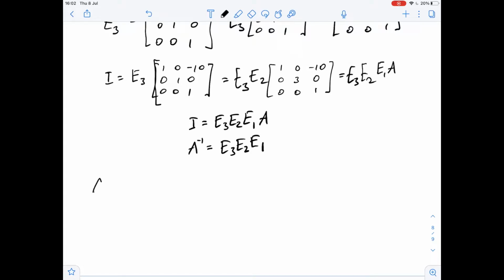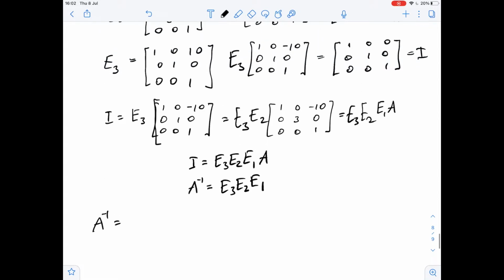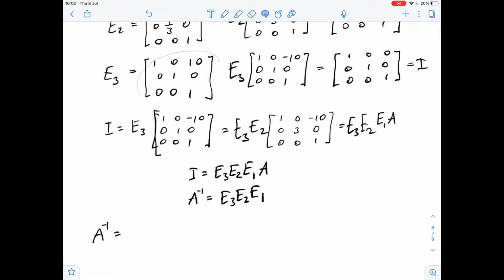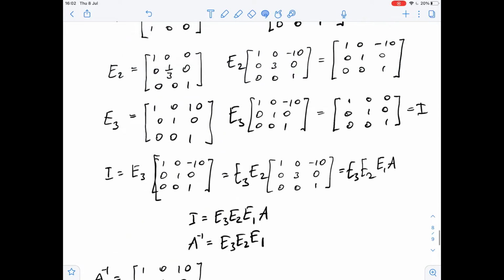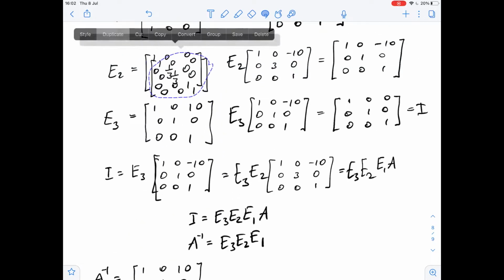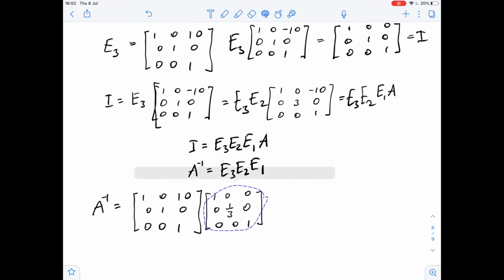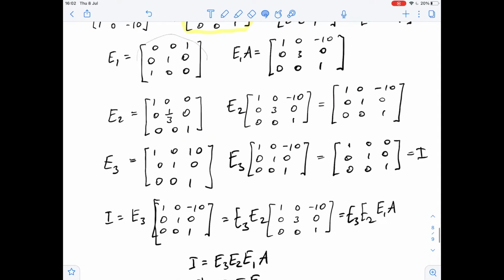So we can write down that A inverse equals E3, which is this matrix, times E2, which is this matrix, times E1, which is this matrix.